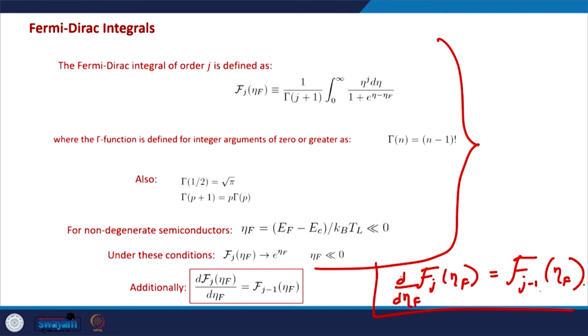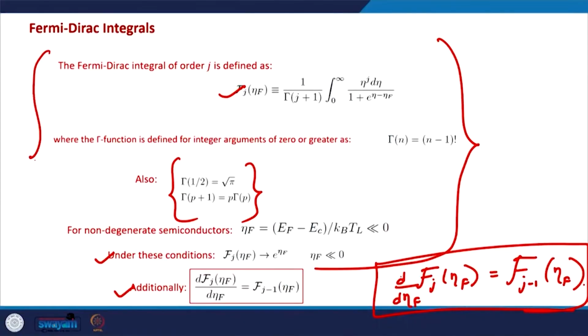This is useful because in addition to the integral, we also have a derivative in our conductance expression, and along with the other properties, they will greatly simplify all our calculations. So just keep these things in mind.